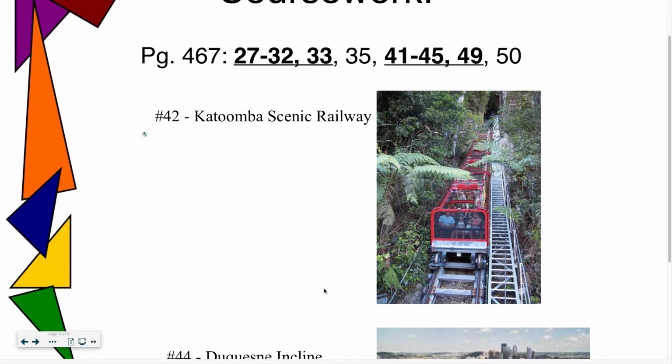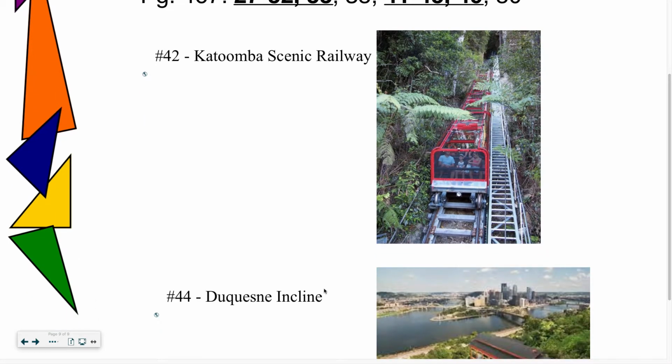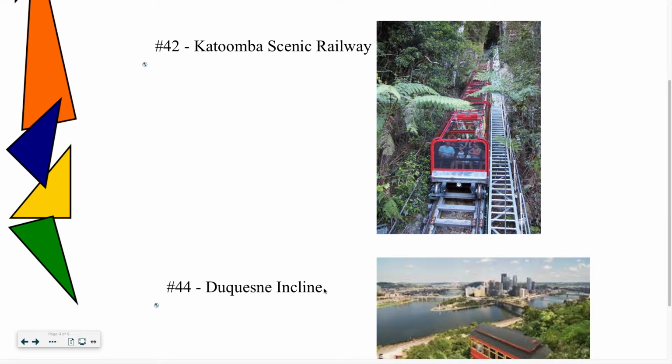But I'm going to shut off the light so you can see the picture better here. I do want to talk real quick about 42 and 44. They refer to these like an incline and a railway. This number 42 is in Australia.